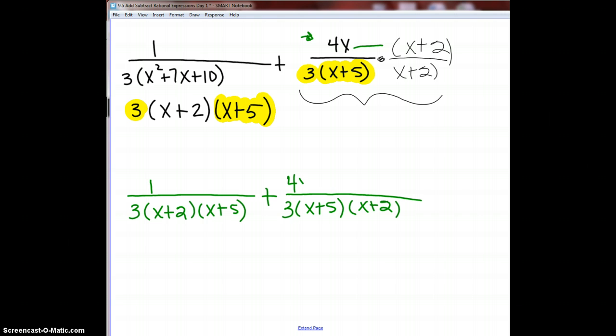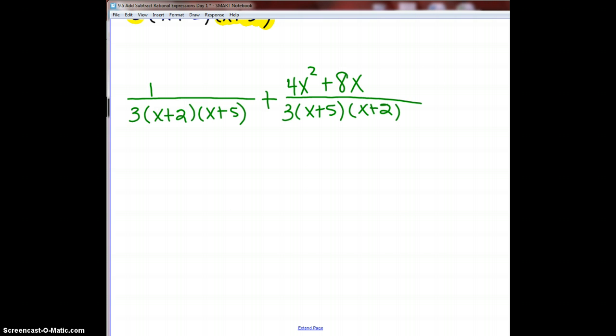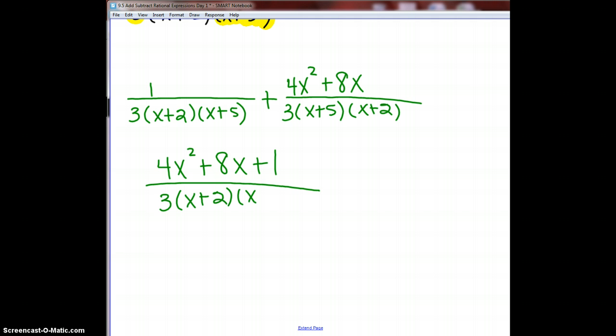So this is 4x squared plus 8x. Now you can combine like terms in the numerator. So your brand new numerator is going to be 4x squared plus 8x plus 1. And your common denominator remains unchanged.